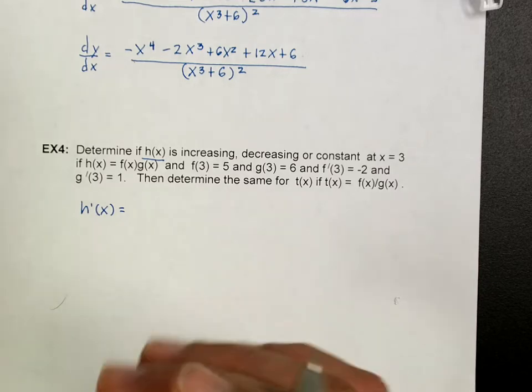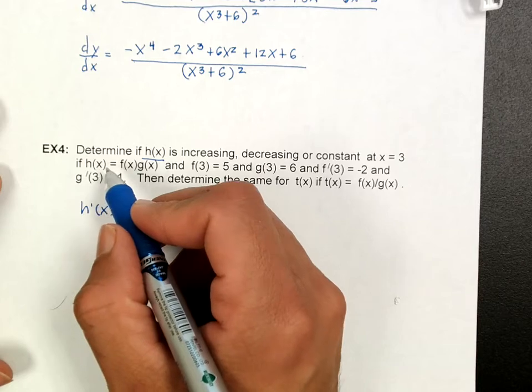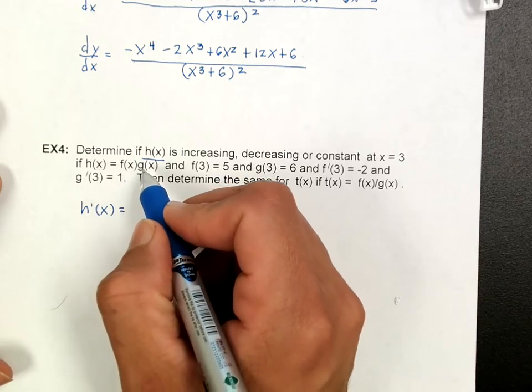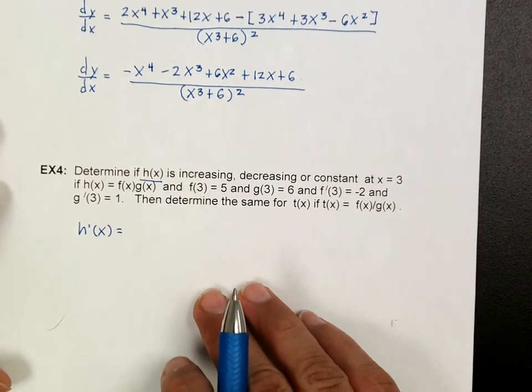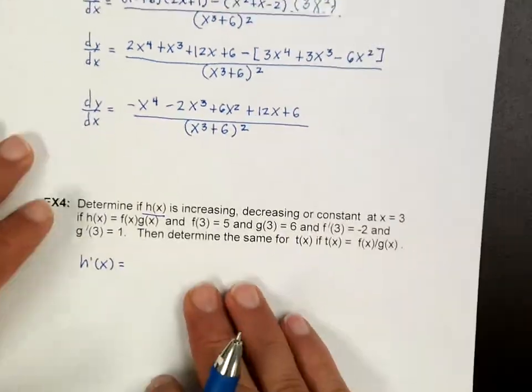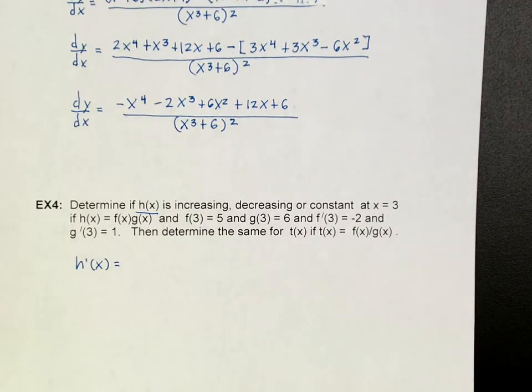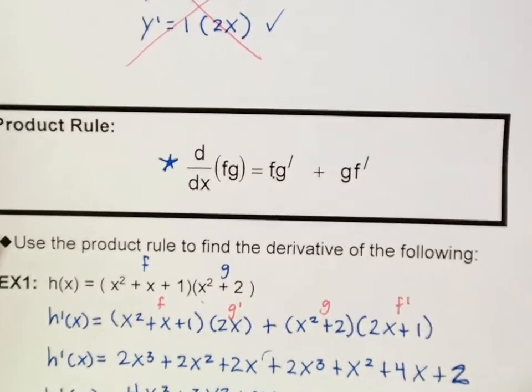So what we're gonna do here, since we don't have any functions, but we do know that h of x is f of x times g of x, which is two functions being multiplied. So we're gonna follow this product rule. All right. So the product rule, which I don't have here, your formula is going to look basically like this. It's exactly the same.